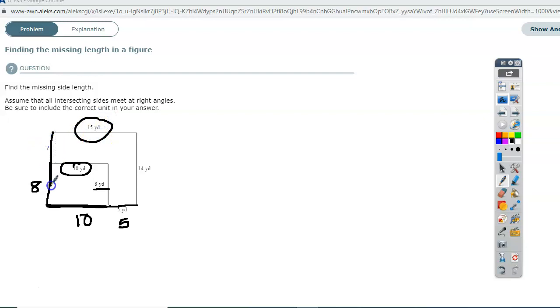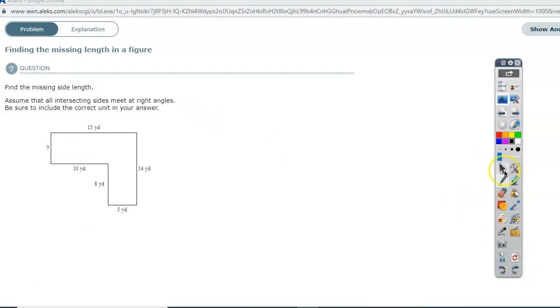This 8 and this number will equal 14. That number has to be 6. Make sense? That actually made more sense. So that's how you find the side length. You go back to what you know about rectangles.